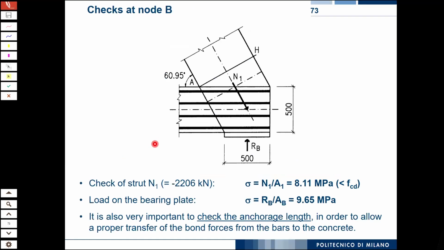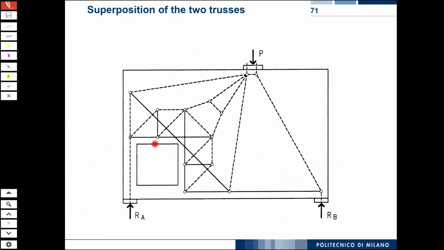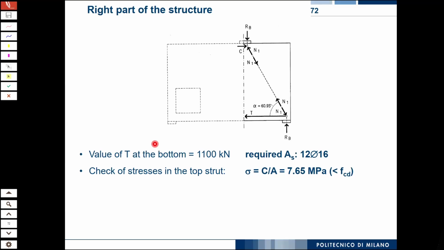So now let's put some numbers. The tensile force here, and in order to resist the force applied by the yielding strength, find the area.